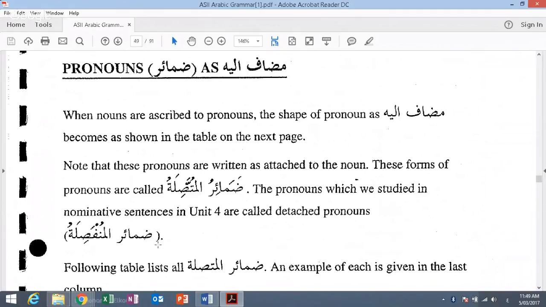So the last one was dhamir majroor muttasil. It means the dhamair will be in the jarri case. Got it? Now for the jarri case, you can say it with words or with prepositions, huruf jarr. You will learn about the prepositions; it will come anyway, don't worry. So, dhamir majroor muttasil.